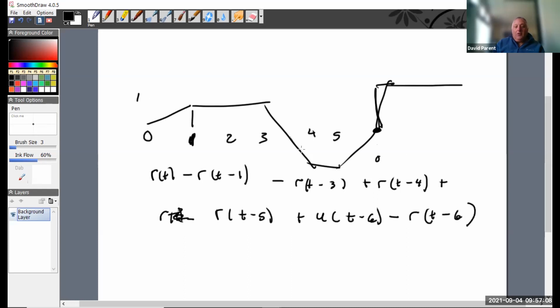So now I've got this whole thing. What if I wanted to convolve that with e^(-t) u(t)?